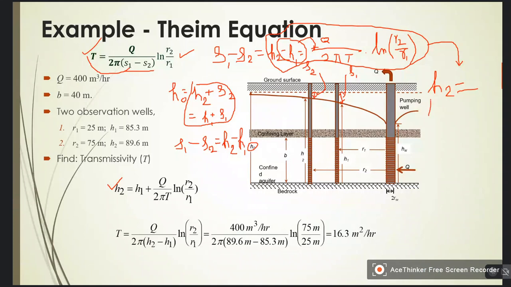So it will be H1 plus Q divided by 2 pi T into log R2 by R1.